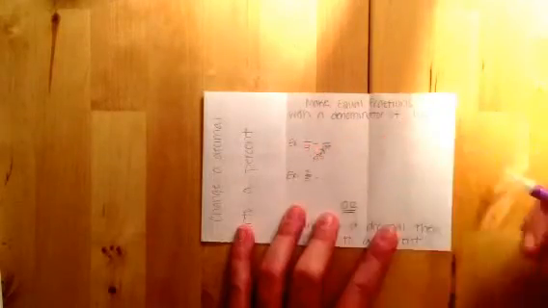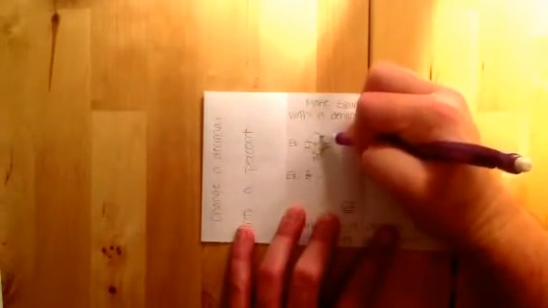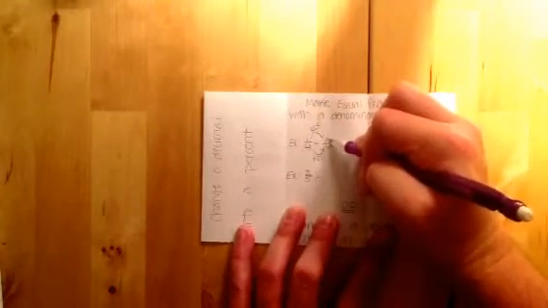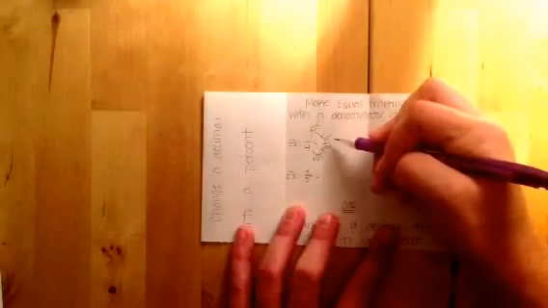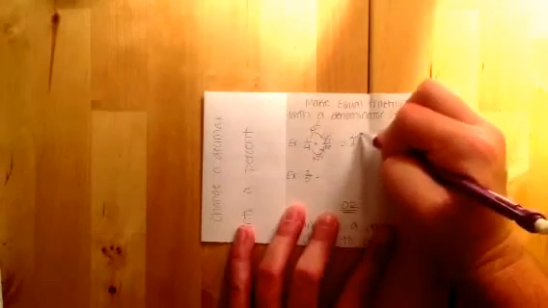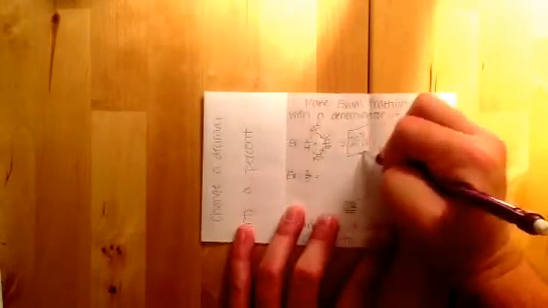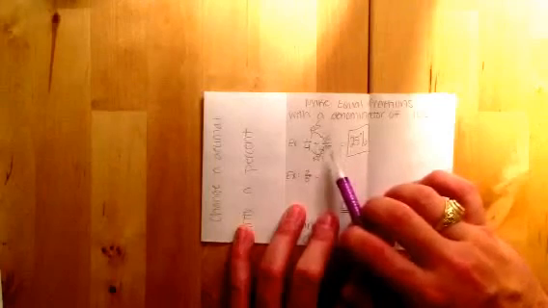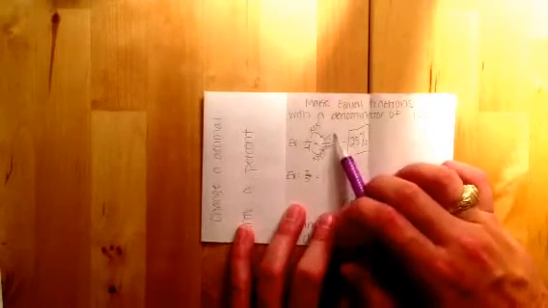Whatever you do to the bottom, you do to the top. So 1 times 25 is 25. 25 out of 100 means that this is 25%. Remember, because percent is out of 100. If you can get this fraction to be something over 100, then this numerator is your percent.